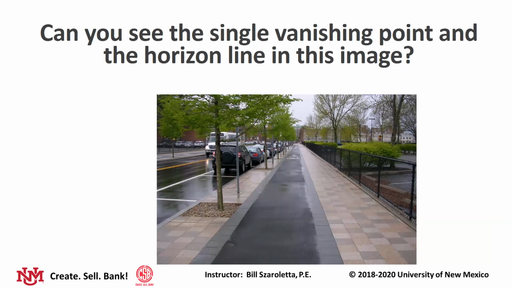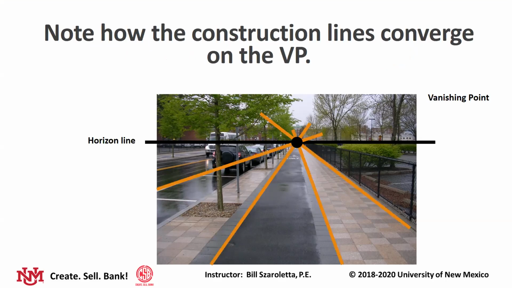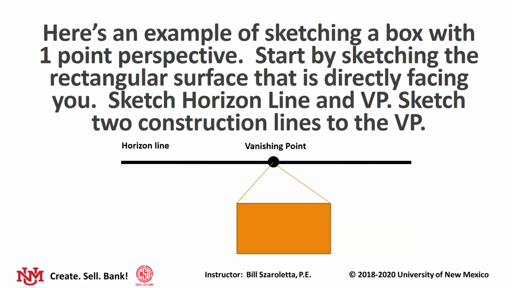Yeah, it's like right about there, and you see all these lines going back. It's a city sidewalk, but you can see I've put in the lines in yellow, and they all intersect at a vanishing point, which is on the horizon line. That's your eye level.